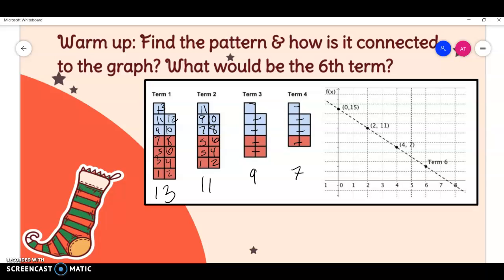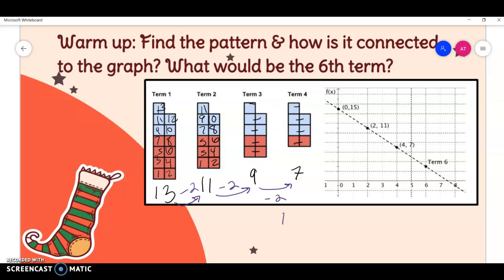As you can see, it is decreasing each time, but how much is it decreasing by each time? Well, it's decreasing by 2. So 13 to 11 is minus 2, 11 to 9 is minus 2, 9 to 7 is minus 2.